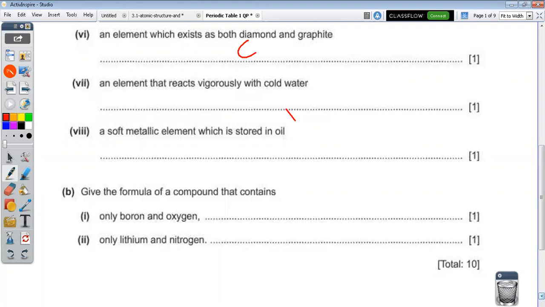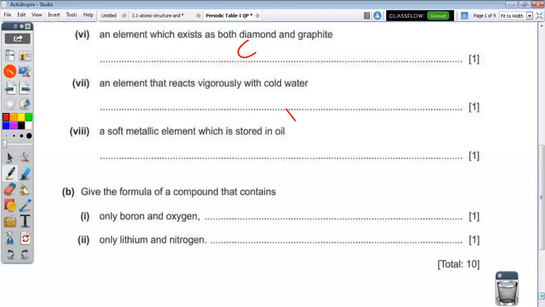Though it's slow, I'm saying compared to your group 2 and group 3 metals. Remember, I said group 1 are the most reactive. Lithium in the group is the one that is less reactive than the others. But maybe what I never mentioned is that lithium, though it's slow, is actually more reactive with water than group 2 metals, group 3 metals, or any other transition metals.